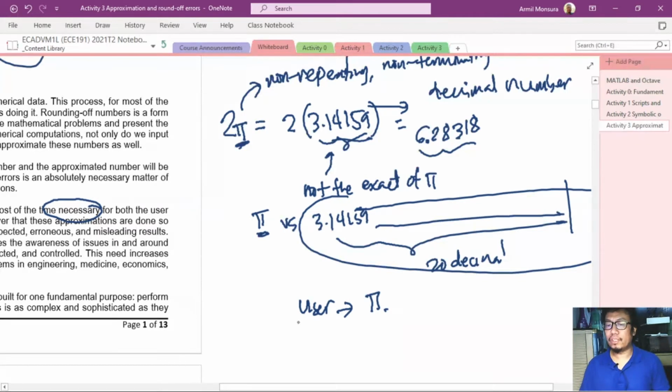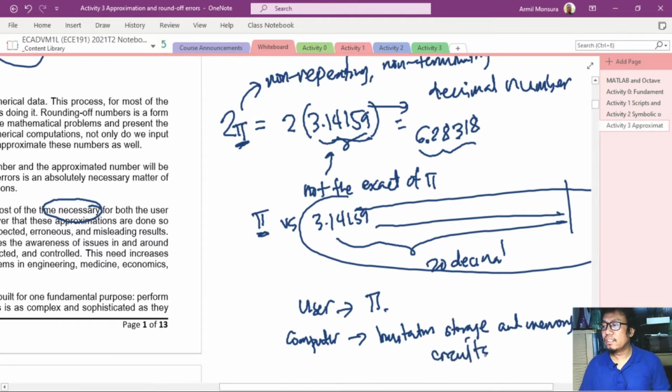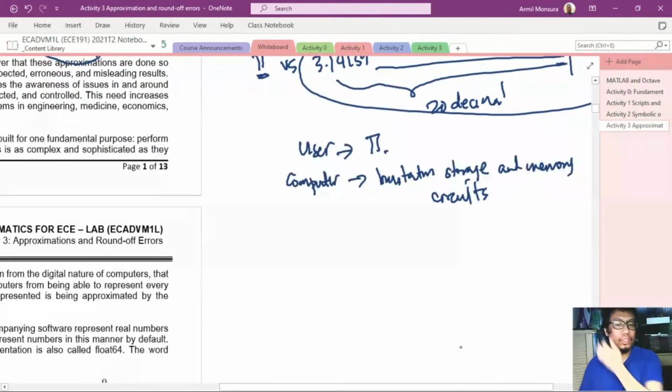For the computer part, actually same thing. But this has something to do with their limitation in terms of storage and memory, and of course, their circuits. Now, you might have been able to study this in your computer fundamentals, but one idea you should have learned there is that a computer is a digital device.